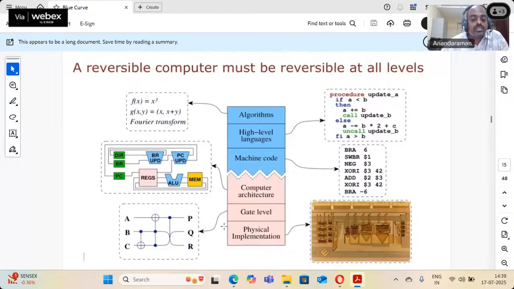This is the way we built the irreversible computer. In the same way we have to build the reversible computer, but everything is different here. The physical implementation is completely different from the existing one. Gate-level implementation also needs a different type of gate, the architecture has to change, machine code has to change, high-level language has to change, and algorithms may also change.